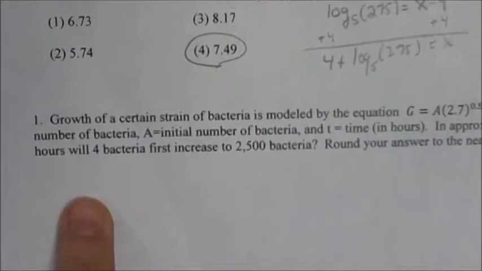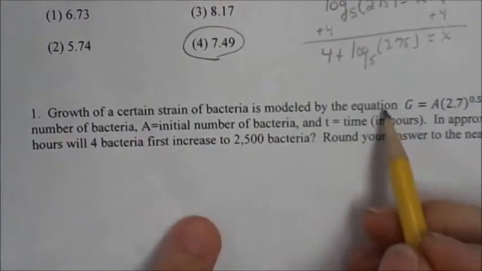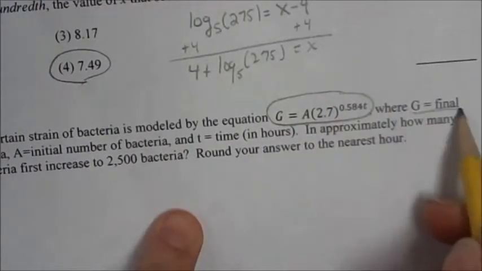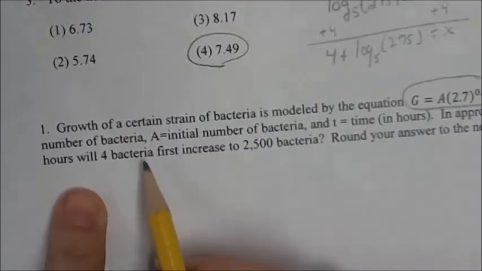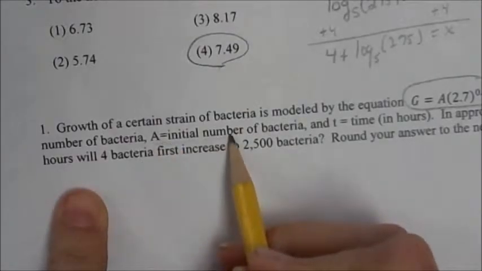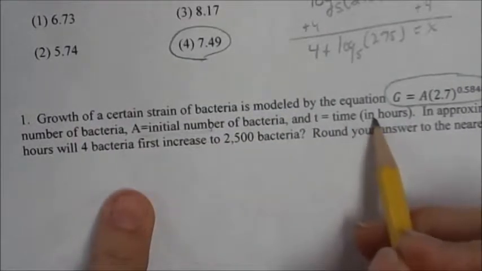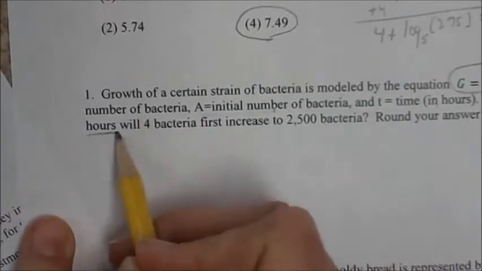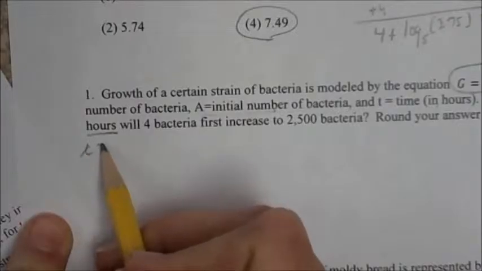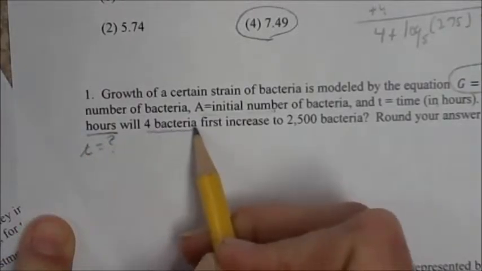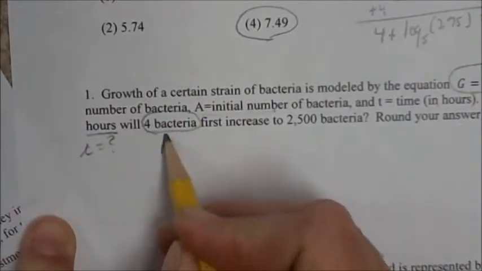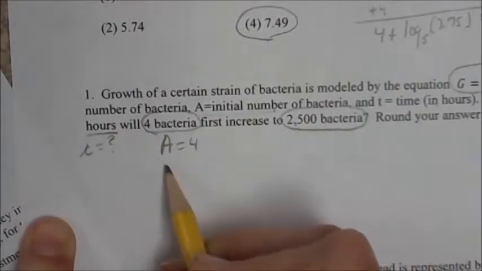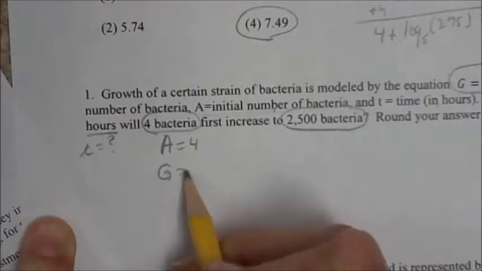The next one, growth of bacteria is modeled by the equation. Circle the equation. G is the final number of bacteria, and A is the initial number of bacteria, and T is time in hours. They want you to figure out how many hours, so you're going to solve for T. 4 bacteria is the initial value. 2,500 bacteria is the final number of bacteria.